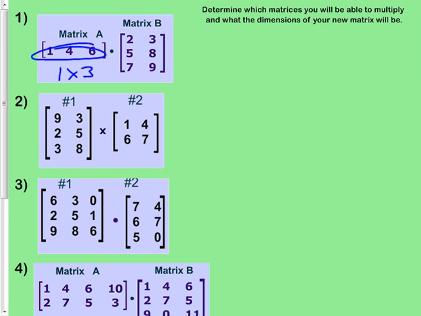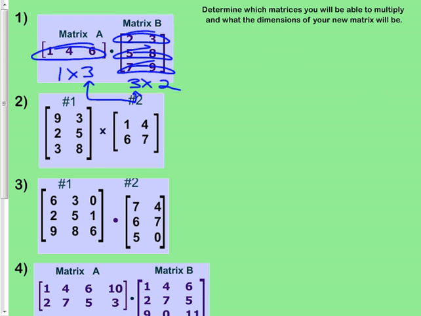Then, matrix B. How many rows? Remember that's this way. 3 by what? 2. Okay, now, if the inside ones match, then those can multiply with each other.